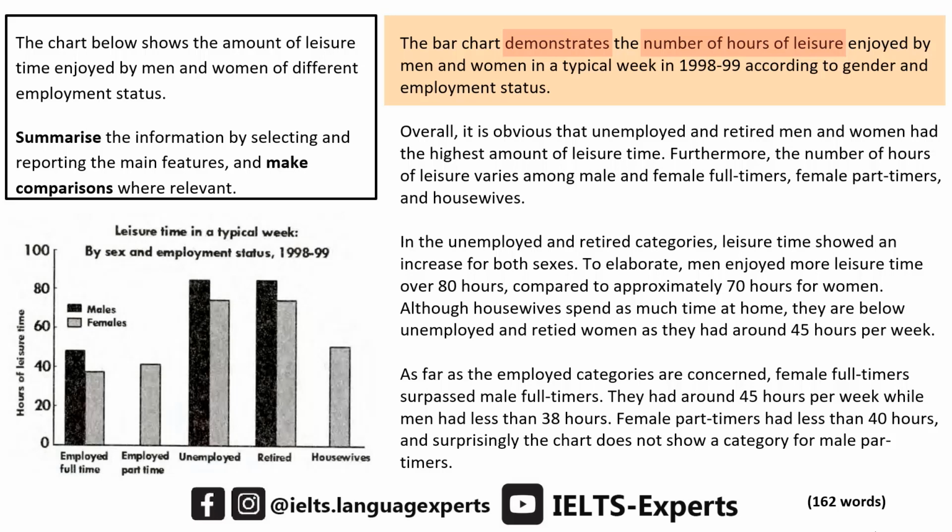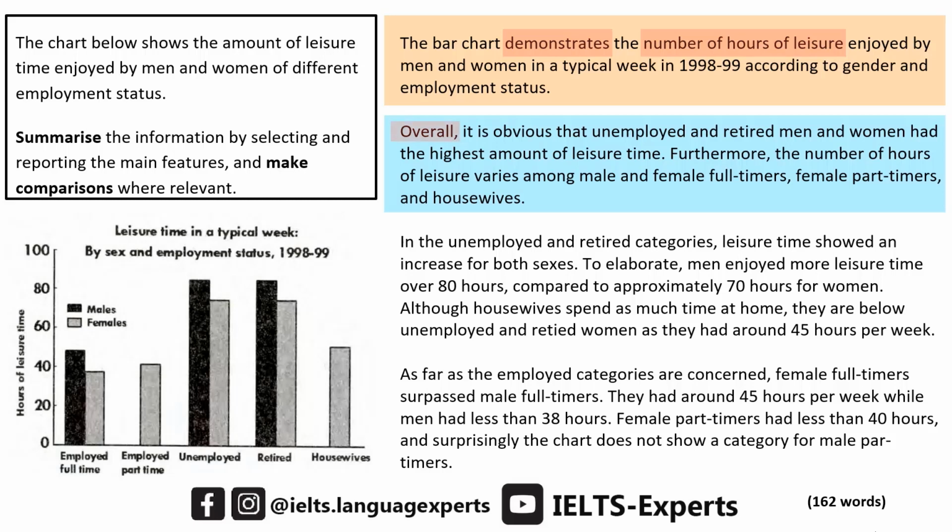Next is the overview. Overall, it's obvious that unemployed and retired men and women had the highest amount of leisure time. Furthermore, the number of hours of leisure varies among male and female full-timers, female part-timers, and housewives. As you can see, I started my overview with the overall linker.